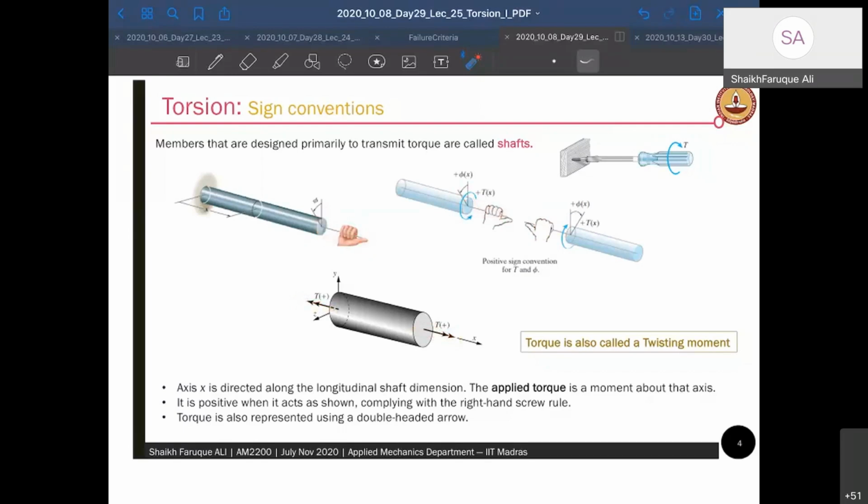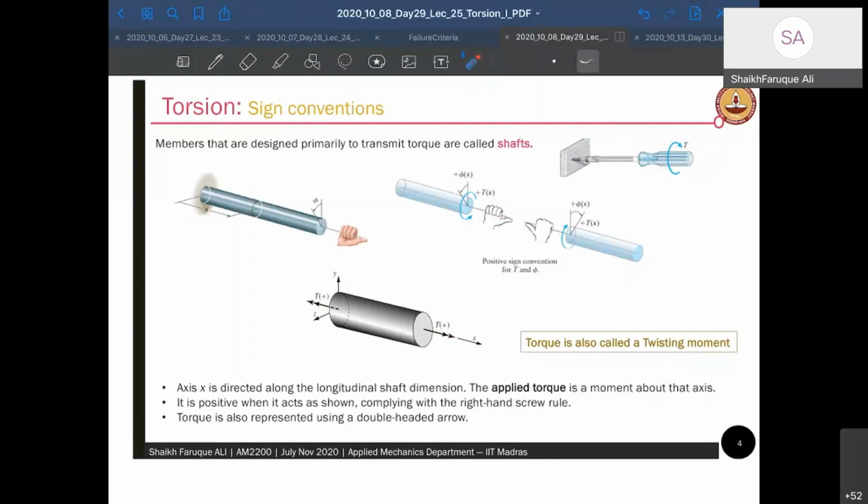But if I rotate this part in this direction, for example, then my torsional vector is this. Then this is a negative torsion, a negative twist.